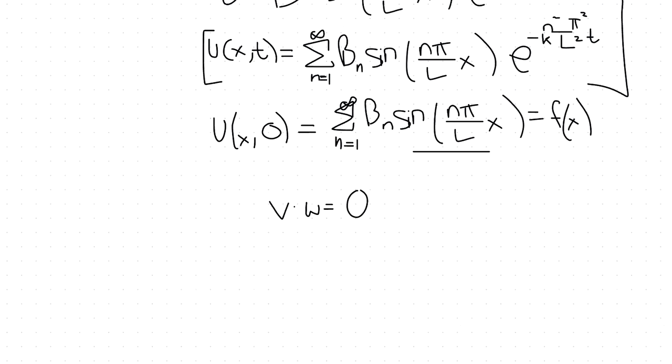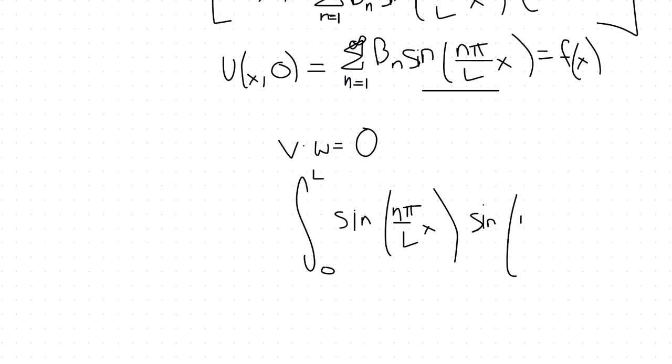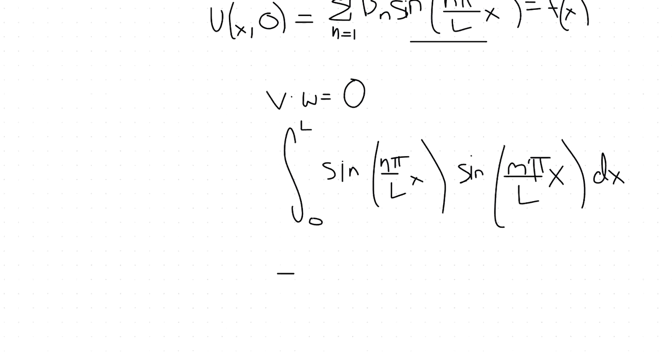And what you'll notice is that if we do a similar thing here, instead of taking the dot product, taking the integral of the product of, say, sine of n pi over L times x times sine of m pi over L times x, with respect to dx, which is kind of equivalent to the dot product, you'll note that if you solve this out, for where n does not equal m, this equals 0, as to be expected.